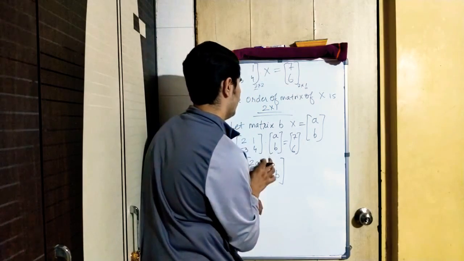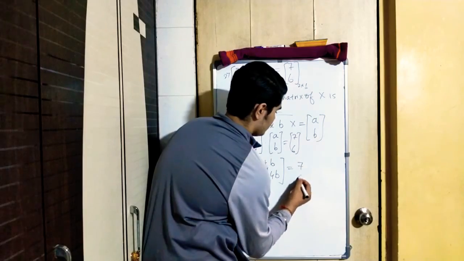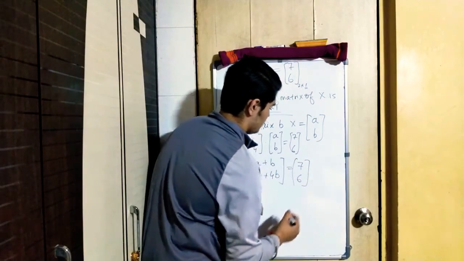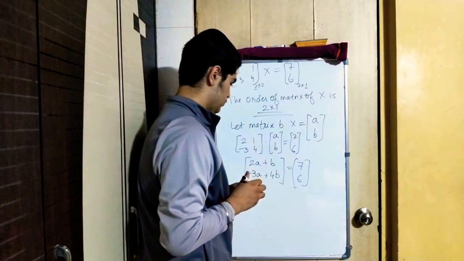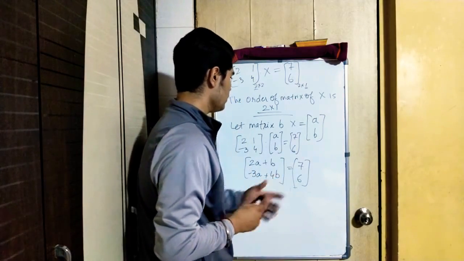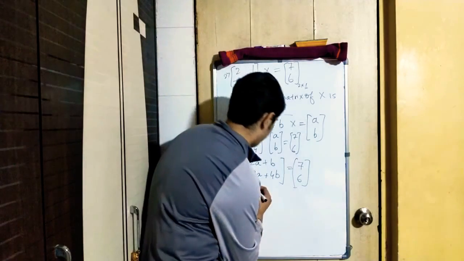These two are only one element of a matrix, equal to 7, 6. You can copy it down. Now after this we are going to equate both matrices.